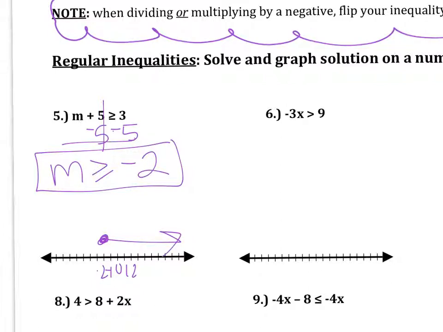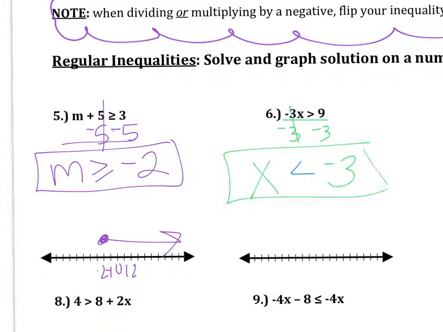Number 6, negative 3x is greater than 9. So we are going to start by dividing everything by negative 3. Since we are dividing by a negative, that inequality symbol is going to reverse, and now x is less than negative 3. So this is very important. We are taking that inequality symbol, and because we are dividing by a negative, or if you multiply by a negative, it is going to change directions.